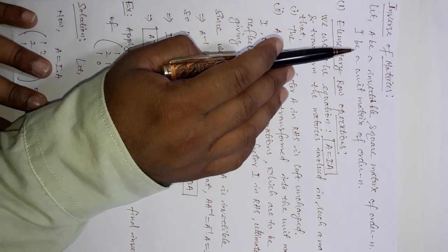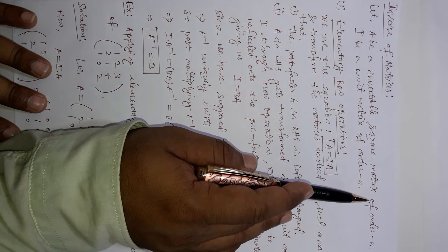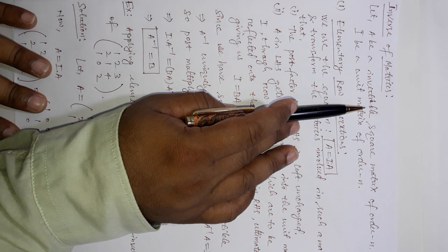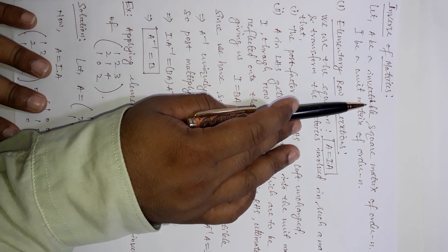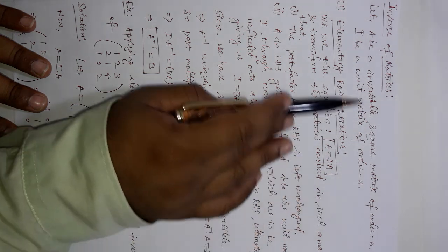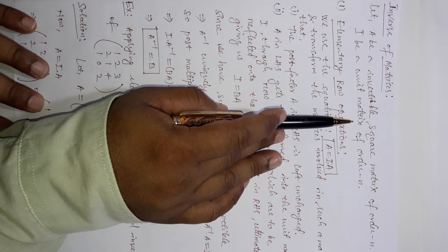So, here I am taking two matrices, A and I. A is our matrix of which I have to find the inverse, which is a square matrix and also invertible. That means there is no issue in getting its inverse, which is of order n, and I is the same order n unit matrix.